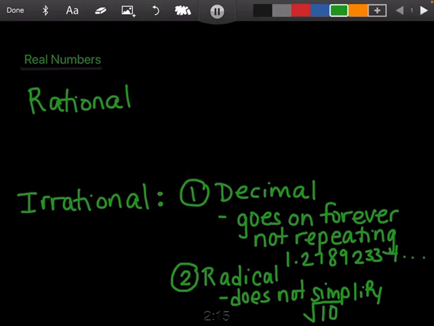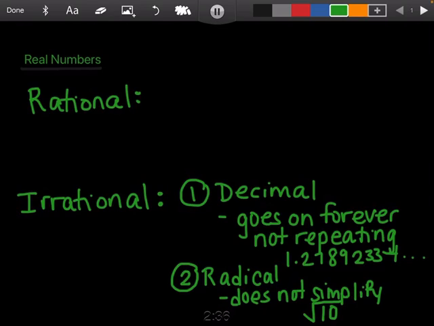Okay, the square root of 10 is not a perfect square. Something like the square root of 25, well, the square root of 25 is 5, so that would not be a radical that doesn't simplify. But the square root of 10 is not a perfect whole number, so that would be irrational. Now, if it's not one of these two things, it would be rational.